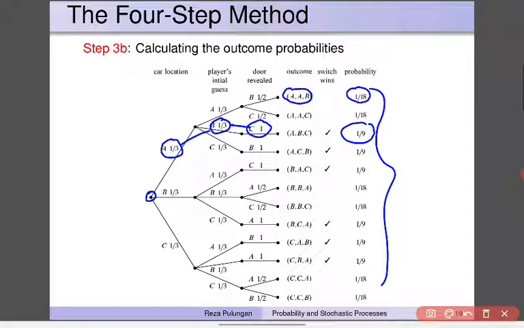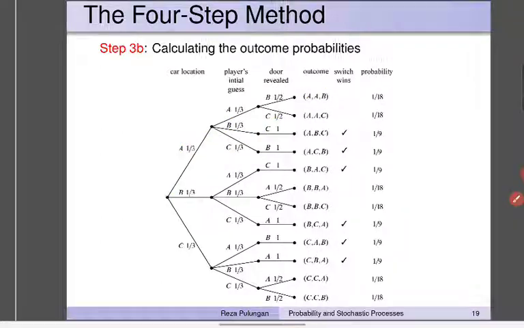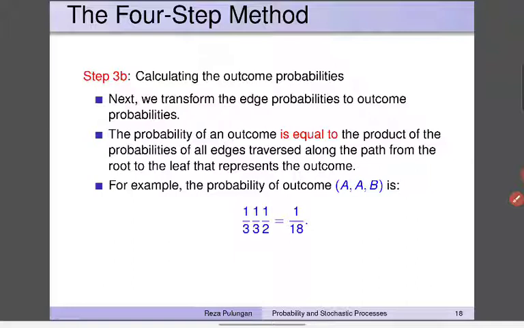Now based on this, we have already had our outcome probabilities. So for example, the probability of the outcome AAB previously we have seen is equal to 1/3 multiplied by 1/3 multiplied by 1/2, which is equal to 1/18.